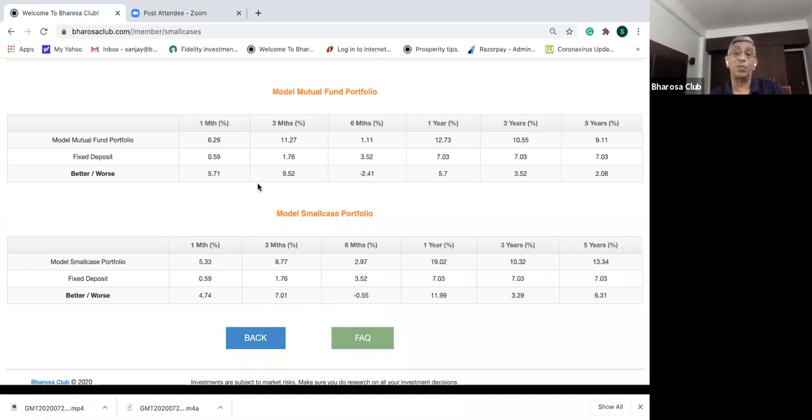Also, the minimum investment amounts that you need to invest in the small cases are slightly more. They're about 1,20,000 rupees or so, and they keep varying.